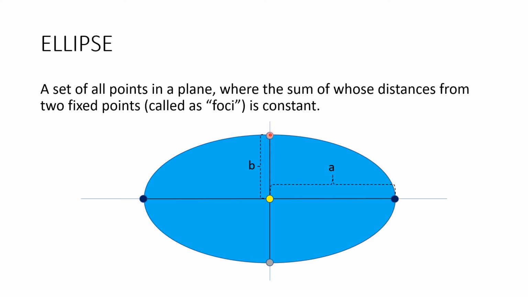Now, for the foci, the distance from the center up to one of the foci is equal to c. c can be calculated using the formula c squared equals a squared minus b squared. Simplifying this, we can compute for c, that is c equals the square root of the quantity a squared minus b squared.